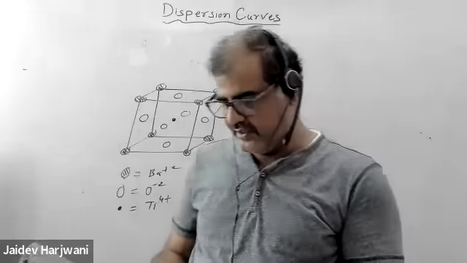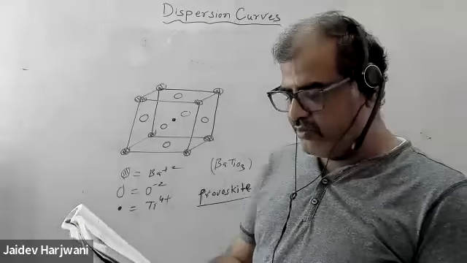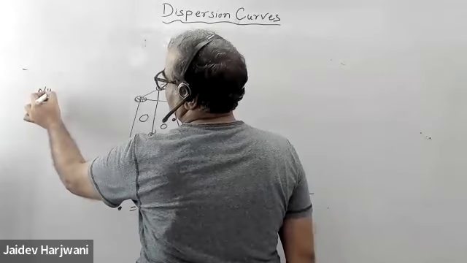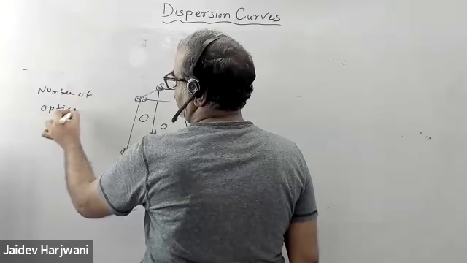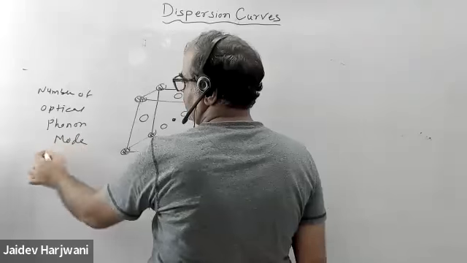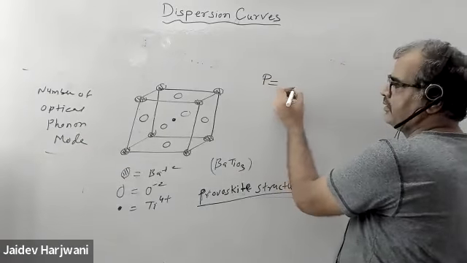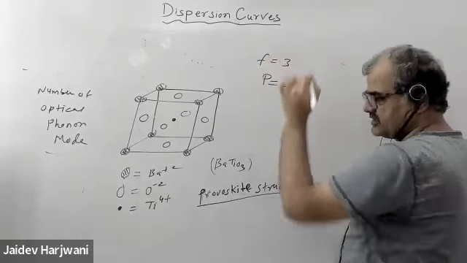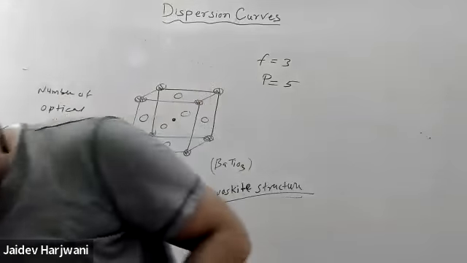The number of optical phonon modes of the crystal is asked. So how much is P? 5. And F is how much? 3, because a crystal is 3-dimensional, a crystal can be 3D only.